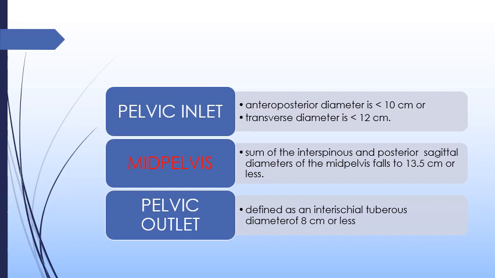There is no precise manual method of measuring pelvic dimensions. It can be inferred if the spines are prominent, pelvic sidewalls converge, and sacrosciatic notch is narrow.